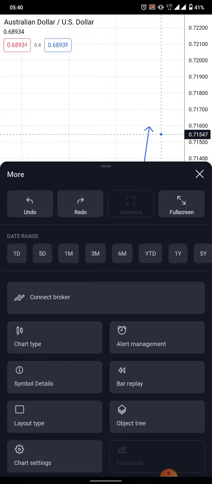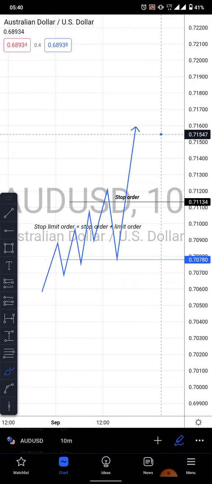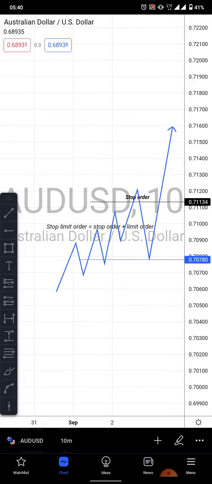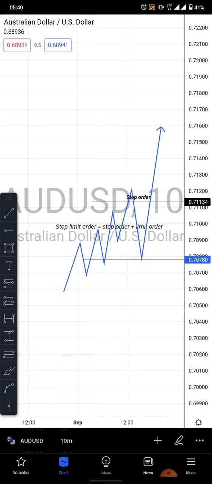So that's the scenario where you see people using stop limit order. What the market will just do is, immediately the price hits your stop order, it will place an automatic limit order for you. Then when price comes back down to fill your limit order, it fills it, your order is placed, then price goes up.